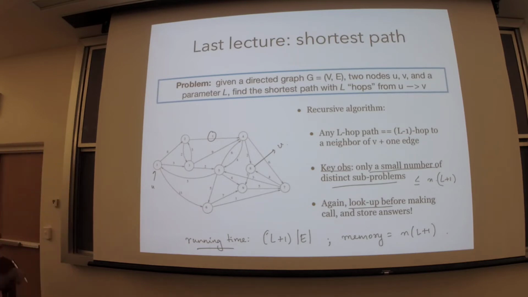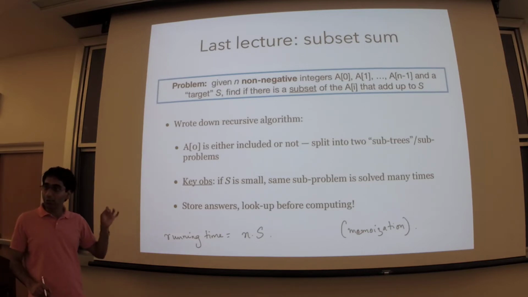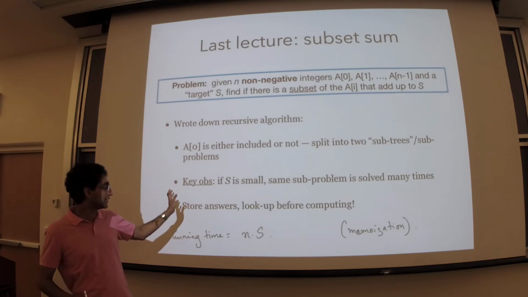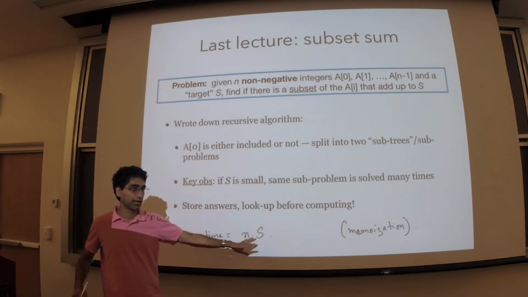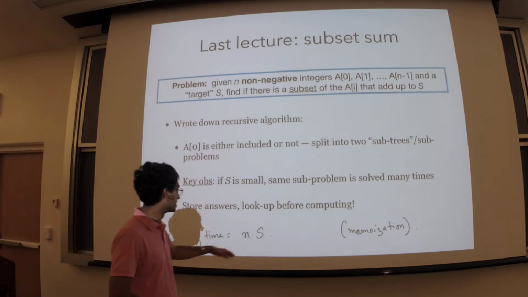Unlike before, if you remember, we said that the running time there was n times s. We said that this is, strictly speaking, not polynomial in the size of the input, because writing down s takes only log s bits, and so this is not really polynomial in the size of the input.